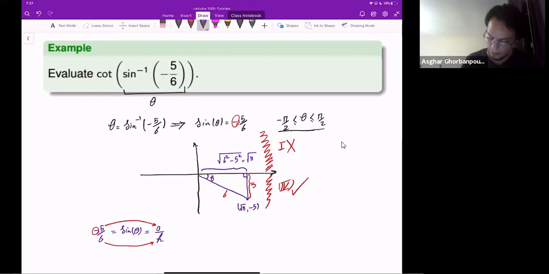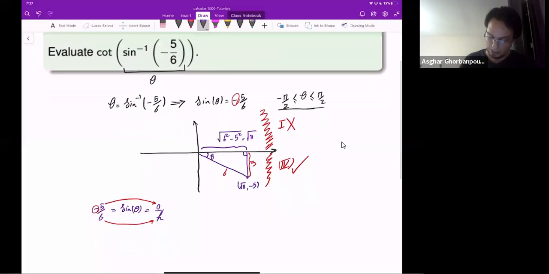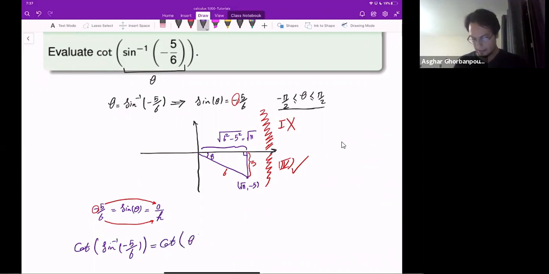Let me just go back to what we were trying to find. So cotan of sine inverse of -5/6. And this is cotan of theta. Yes, we call this guy theta.